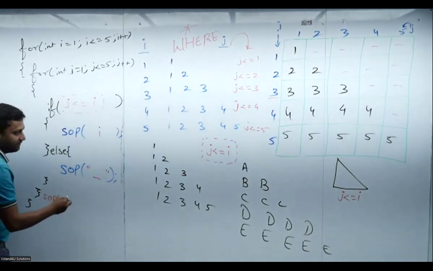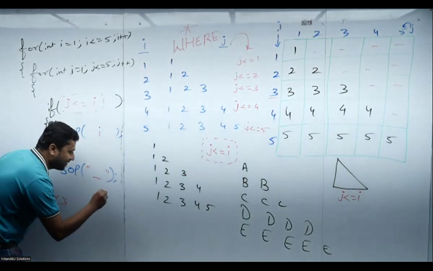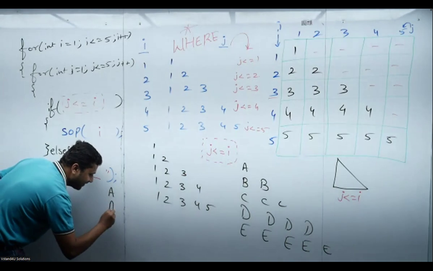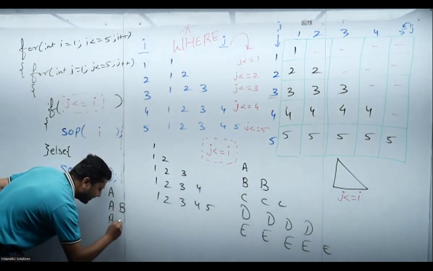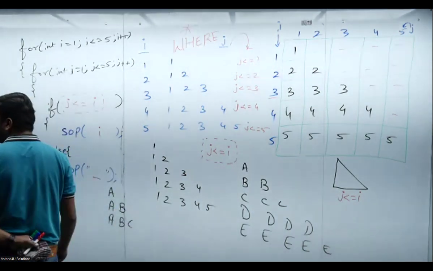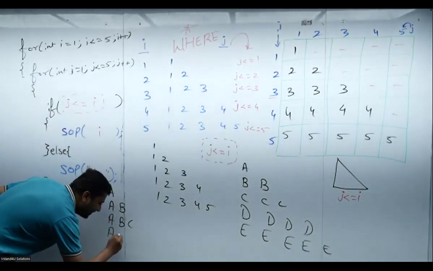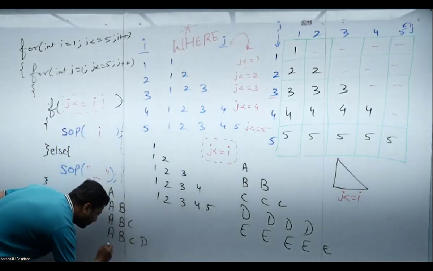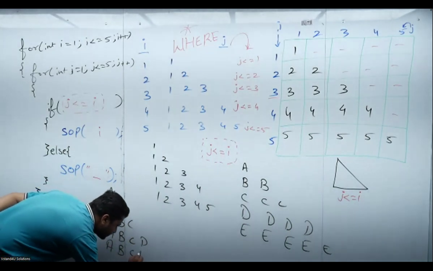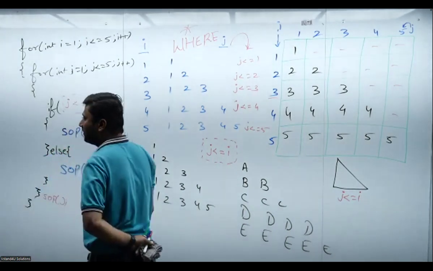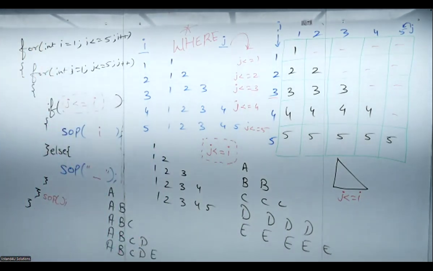One more, shall I give, which you can easily expect along with me? A B A B C, all visible? Very good. A B D. Visible? Oh, great. Perfect.